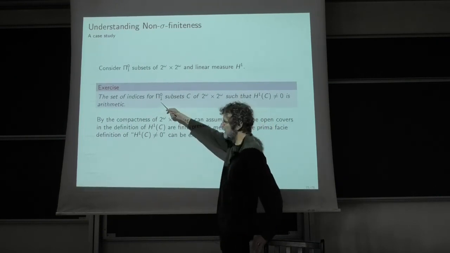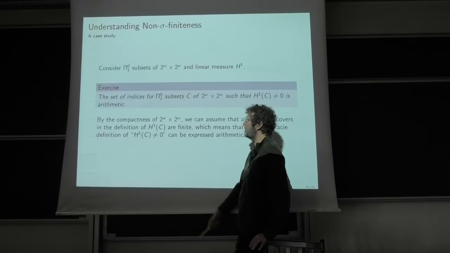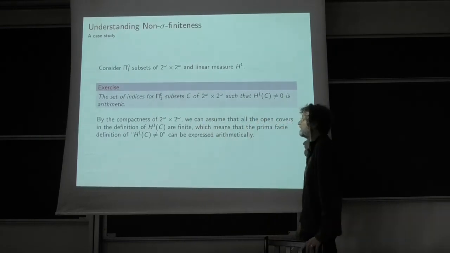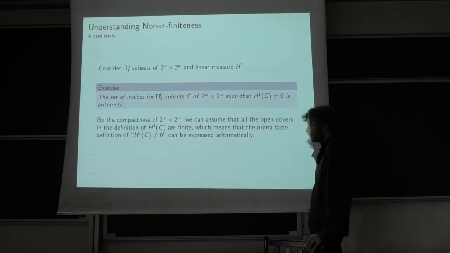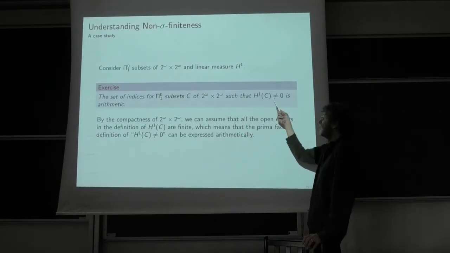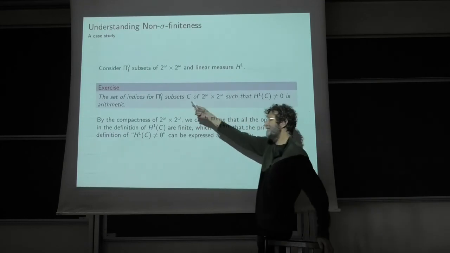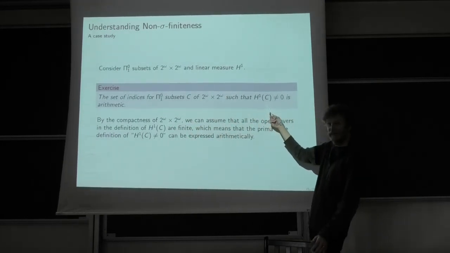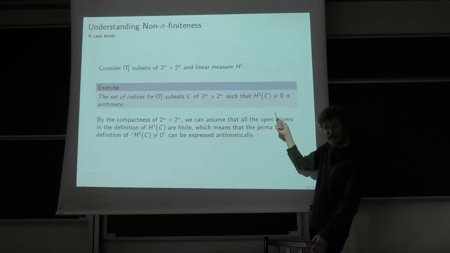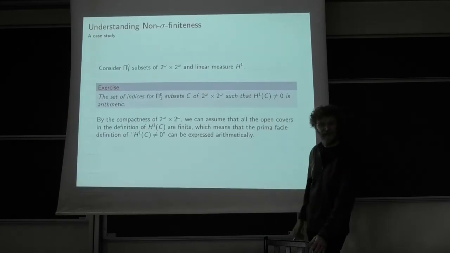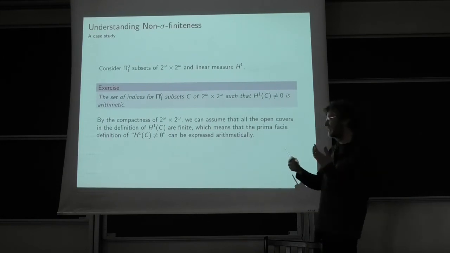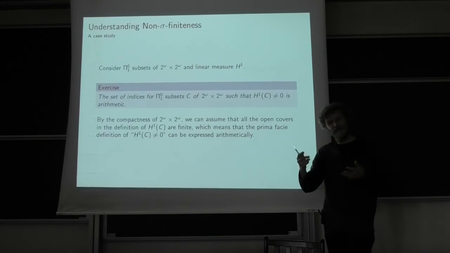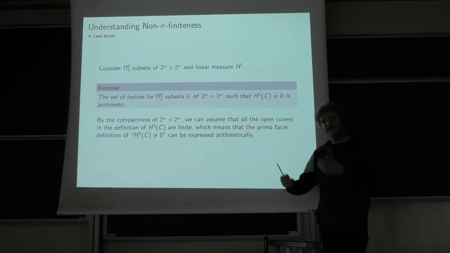Okay, so if we look at all the definitions for pi 0, 1 subsets of the plane, to say that this definition describes a set of non-zero linear measure is an arithmetic property. It's something that you can describe just by quantifiers, you don't have to talk about there exist countable things, et cetera, et cetera. You just have to say something about finite.